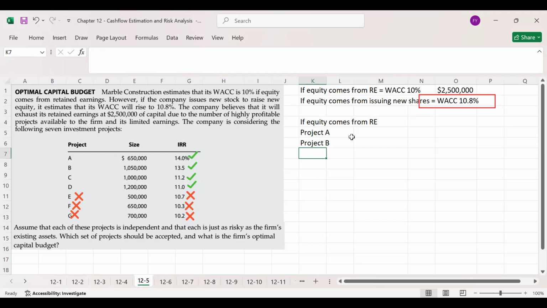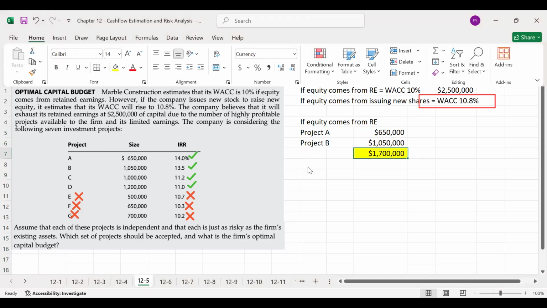In case of project A, it is $650,000, and in case of B, it is $1,050,000. And when we add both of them, the total amount of investment is $1.7 million.